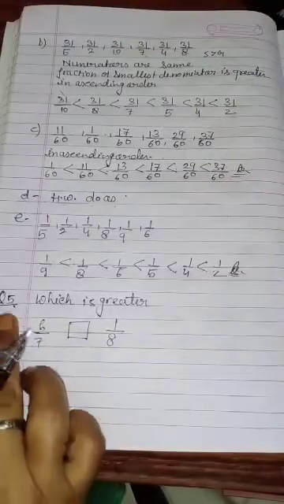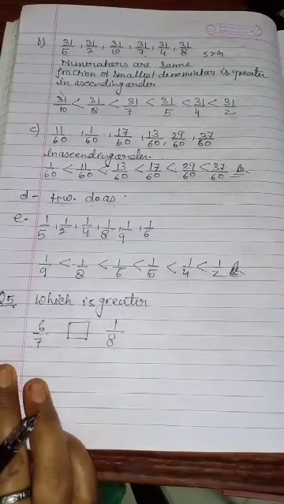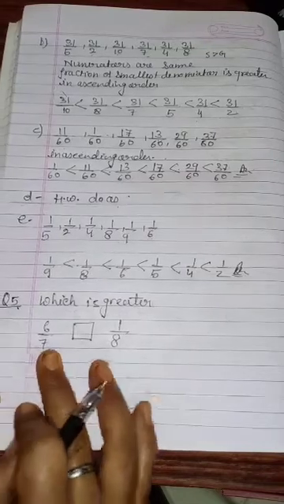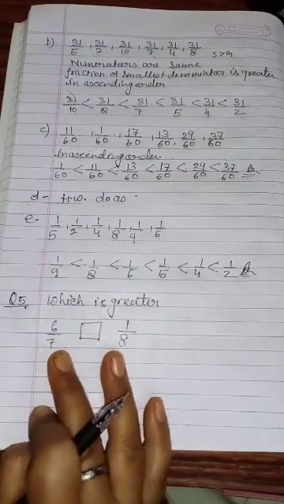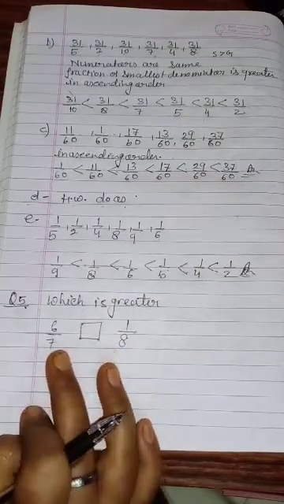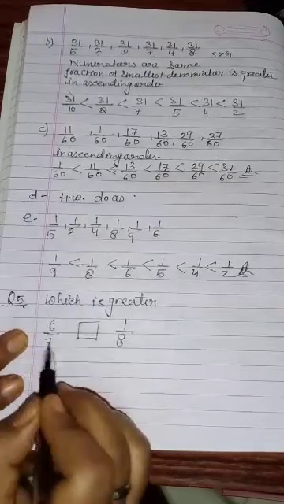Now see that question number 5 is again the same as question number 2 that we have done. First question I have left, just now I will explain, and that question you will do yourself. 6 upon 7 and 1 upon 8.